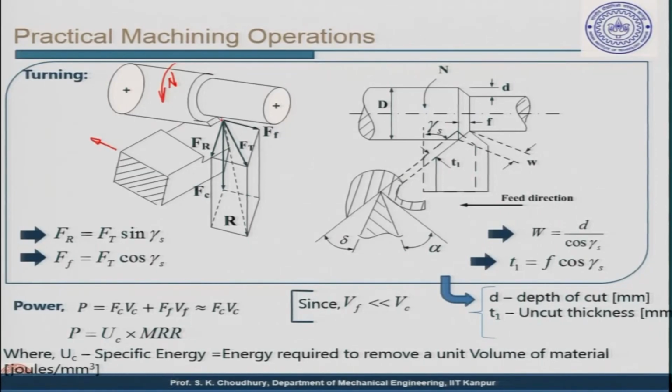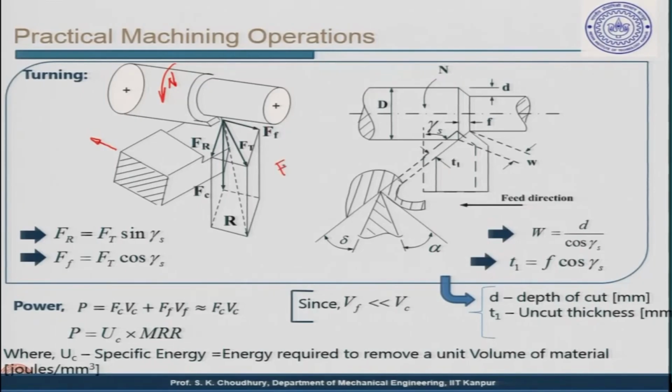In previous sessions I explained that this is the feed force, which is along the feed direction, which is why it is called the feed force. This is the radial force, directed radially, and they sum on the horizontal surface. This is Ft, the sum of Fr and Ff.